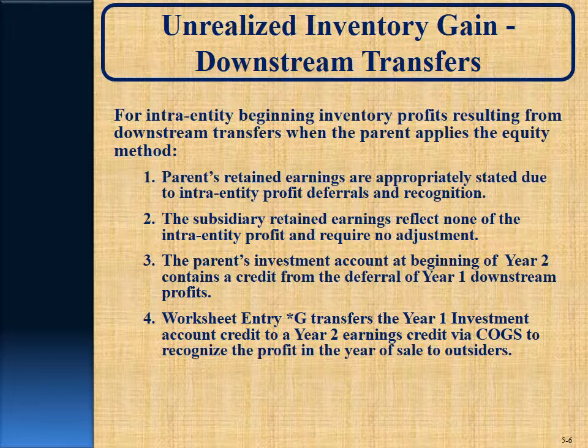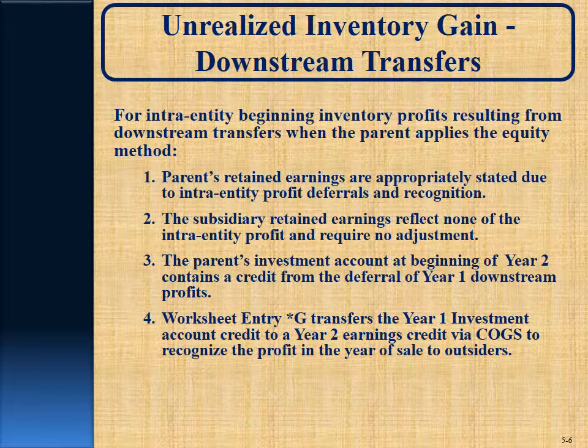So if the parent is using the equity method, they aren't recognizing that profit during the year. They're changing their investment account for that unrealized gross profit and reducing their revenue in a true equity method. So the individual parent will be okay. The subsidiary's retained earnings reflect none of the intra-entity profit and require no adjustment.